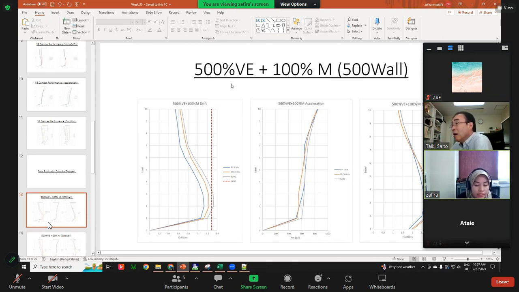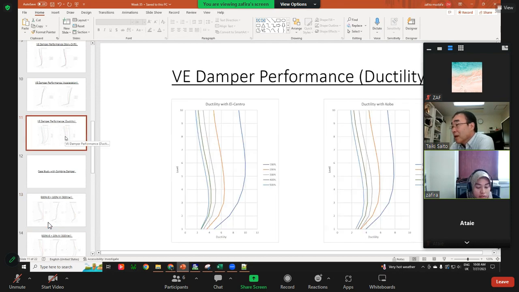The yielding is at 40% or so. And for Kobe, go back to only the viscoelastic damper, where you also showed ductility. Could you show me slide 11? So in all cases, the ductility factor is more than 1.